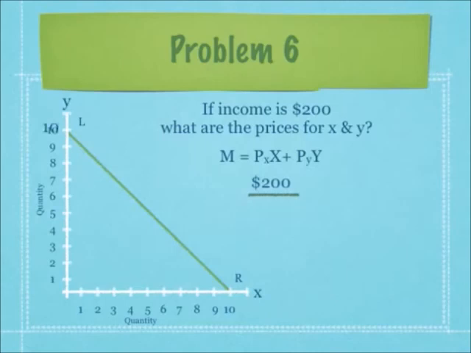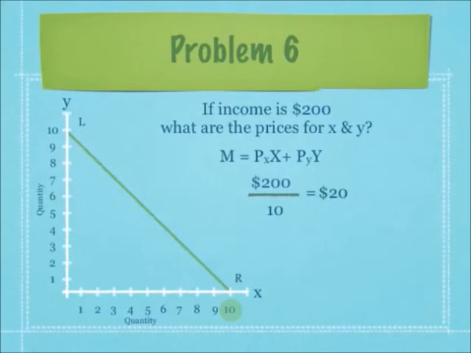The reason I picked 10 is because if I spent all my money on product Y, I could buy 10 of them. So it becomes 200 divided by 10. So the price of Y is $20. You should also note that the price of X is also $20, because again, buying 10 of them using all my income, the same way, I'll get $20.